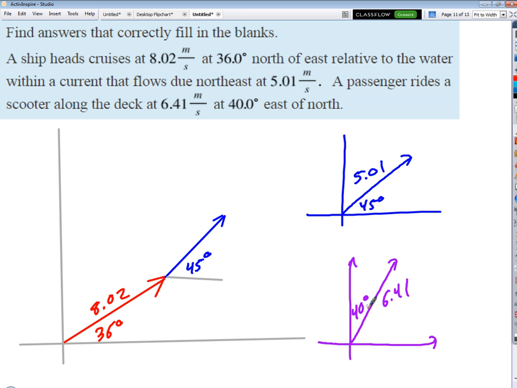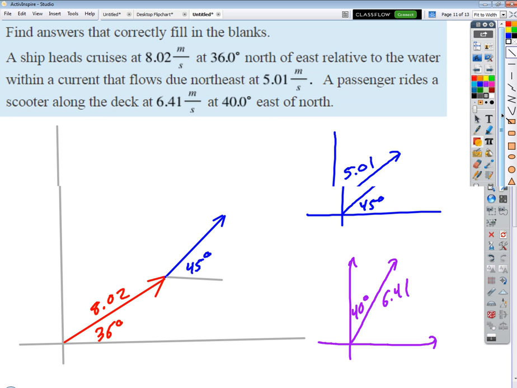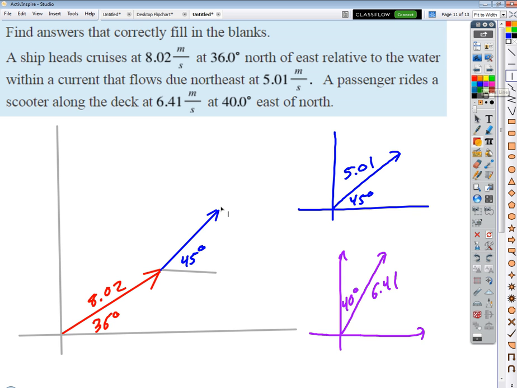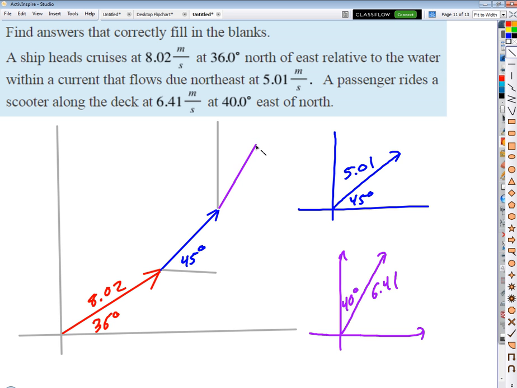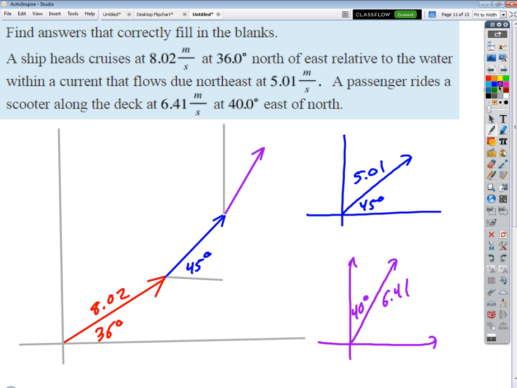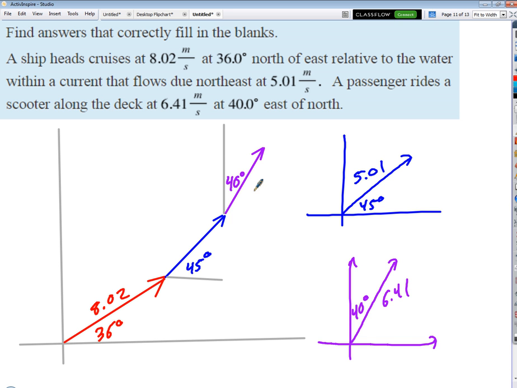Right? So if I take this one and slide it over, this looks messy, doesn't it? Okay, agreed?